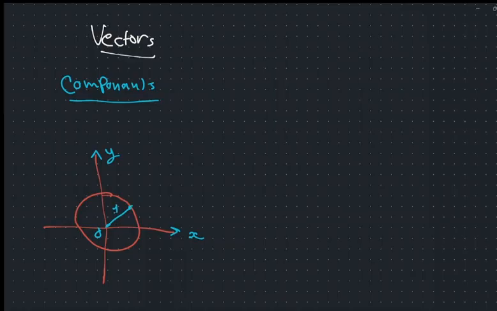This line is 1 unit long and it has some angle theta with the x-axis. What will the x and y projections be? We know x is going to be 1 times cosine theta, and y is going to be 1 times sine theta. So we can, of course, neglect the 1.